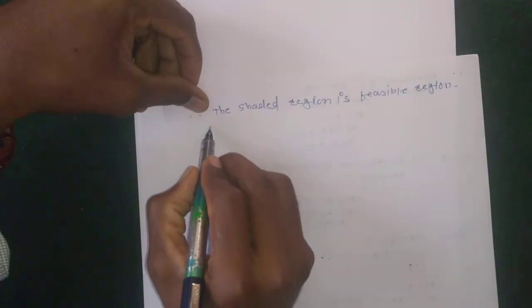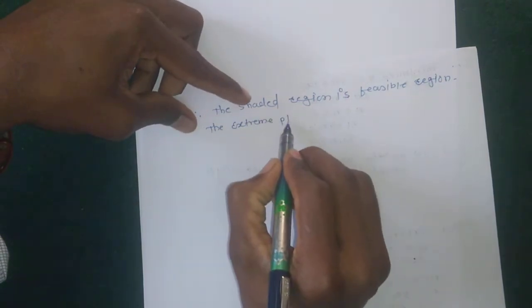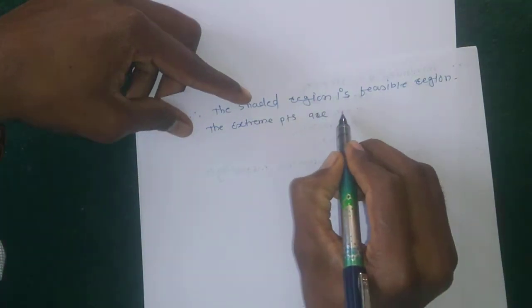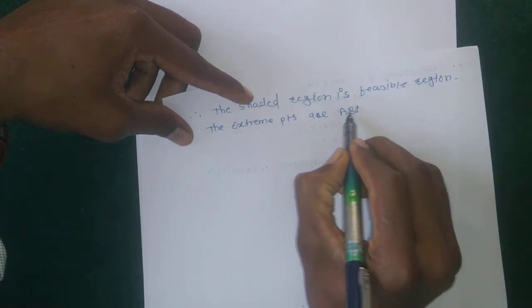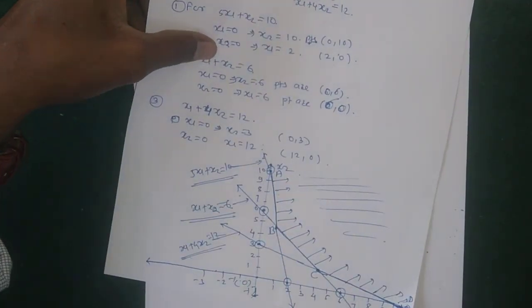The extreme points are A, B, C and D. So there are 4 points here: this is A, B, this is C and this is D.